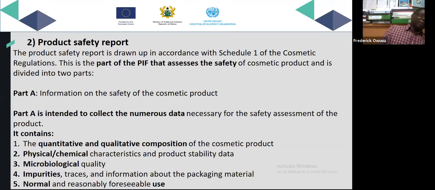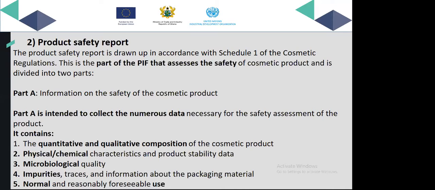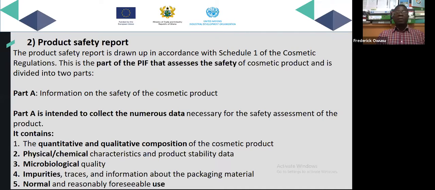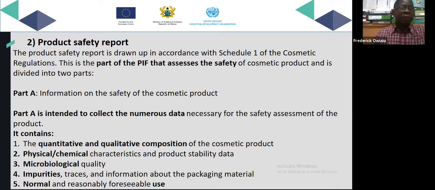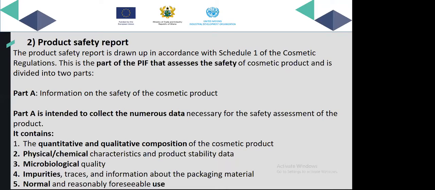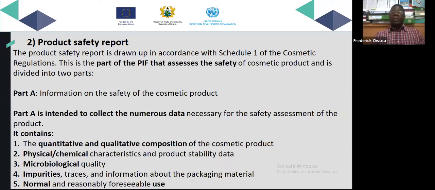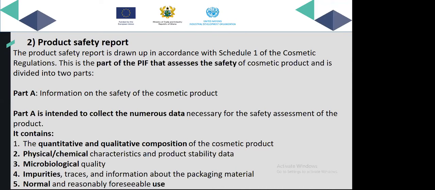The second part, I said, the product safety report. Product safety report is drawn up in accordance with Schedule 1 of the regulation. That is why I said everybody should be familiar with the EU regulation 1223 or the Schedule 1 of the cosmetic regulation.